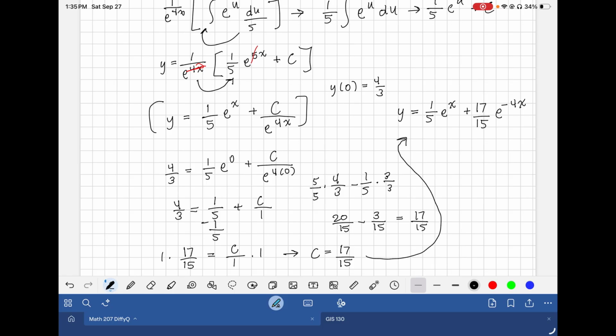All right, and I'm going to go ahead and put that in parentheses now. All right, so that is our answer. This is our particular solution for this linear equation.